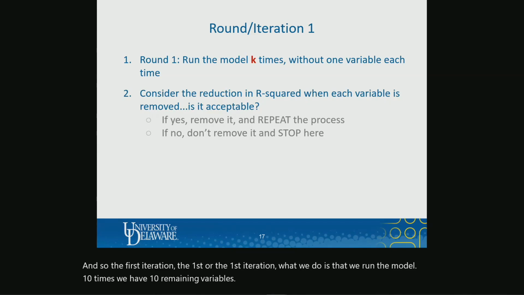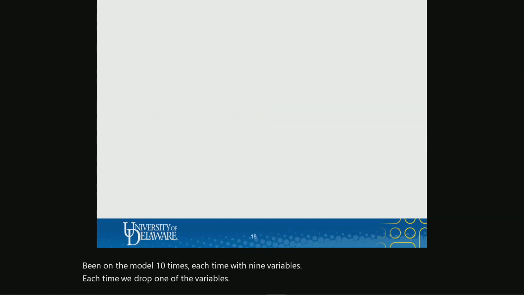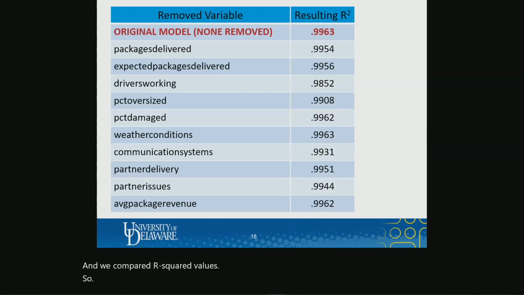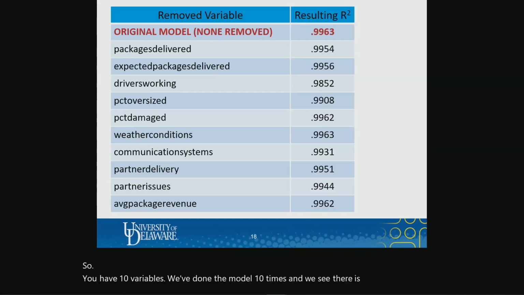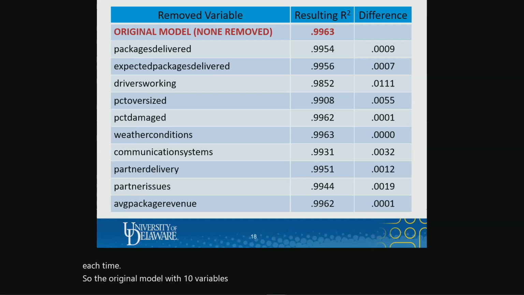We run the model 10 times, each time with 9 variables. Each time we drop one of the variables, and we compare the R squared values. So the original model with 10 variables is up here. Its R squared is 99.9962.